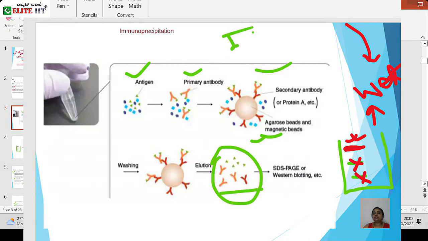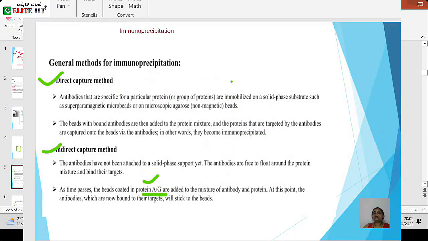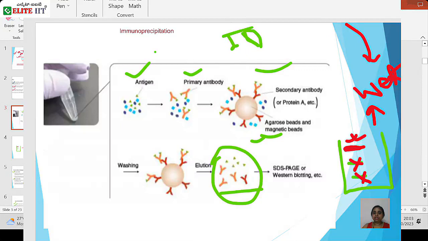In ELISA, if you remember, in the indirect method the secondary antibody was labeled with enzyme. In the direct method, only antigen-antibody interaction was there, but in the indirect method, the interaction was with antigen, primary antibody, and secondary antibody. So this method is exactly like the ELISA indirect method.